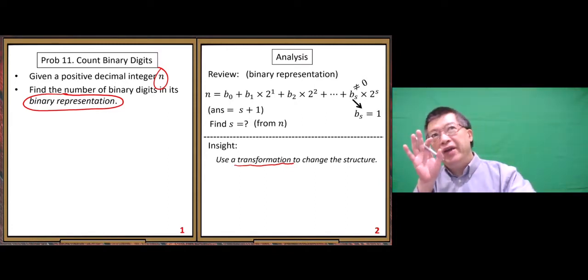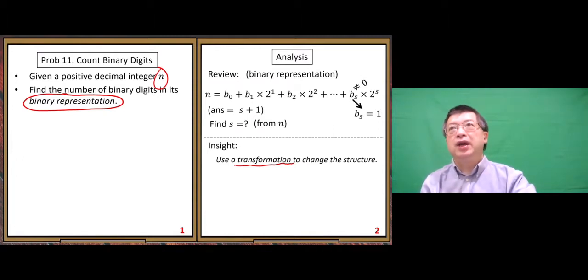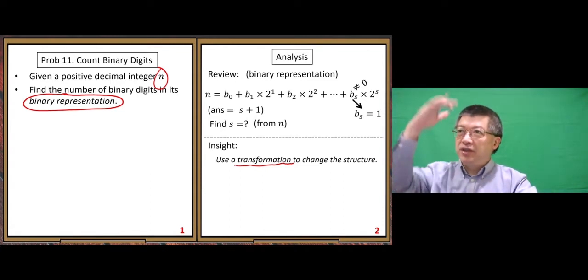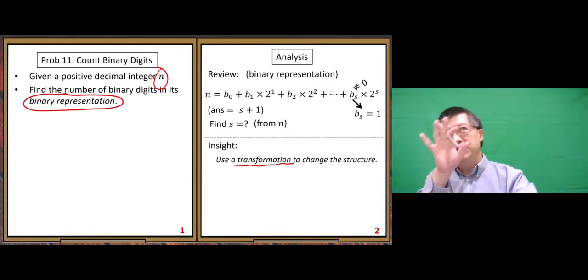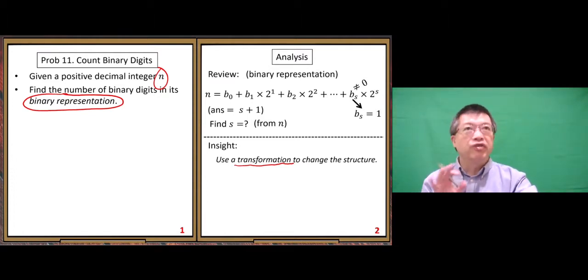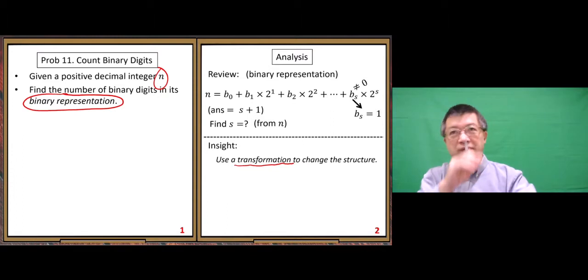Oh, in another problem, we also used GCD, the greatest common divisor. When we do integer division, right, using the division algorithm, we also use certain transformation. Here, we need to do another transformation.